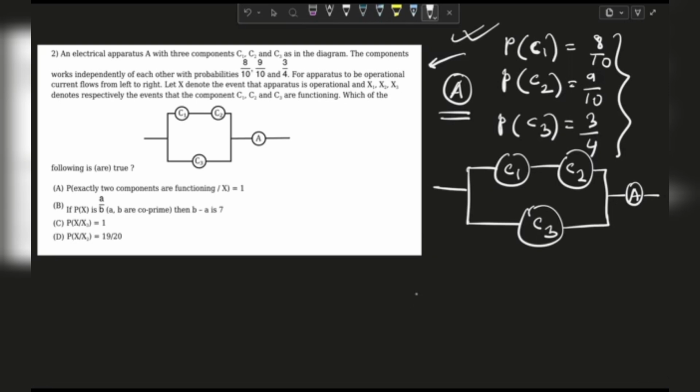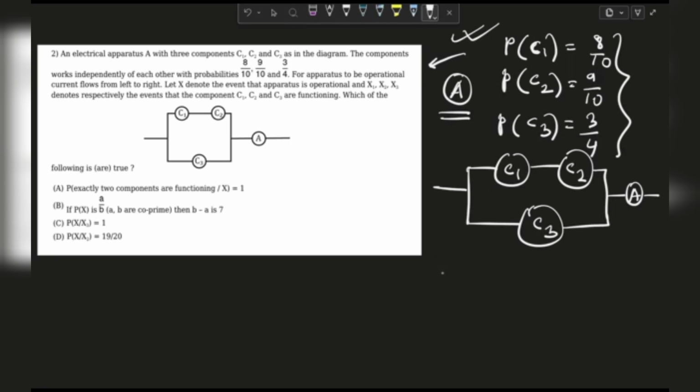In the first option we have the probability that exactly two components are functioning given X equal to 1. So for that we have to find out the probability of X first.